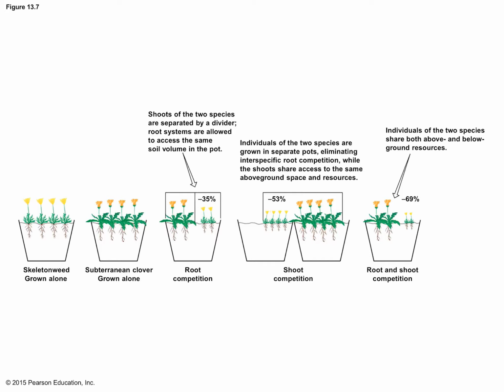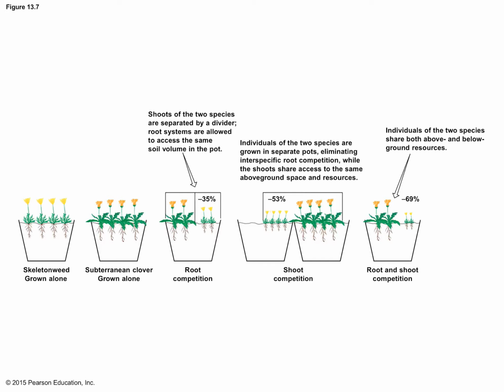So the effects of competition were determined for both above ground resources, and in plants that's going to be light primarily, and also below ground resources, which would be water and nutrients. And so what they found, or the results rather, showed that clover was not significantly affected by the presence of skeleton weed, but skeleton weed was very much affected adversely under all the conditions when the plants were grown together.